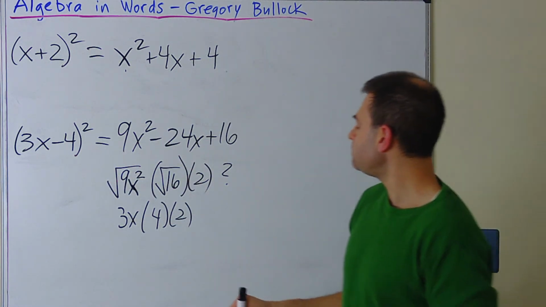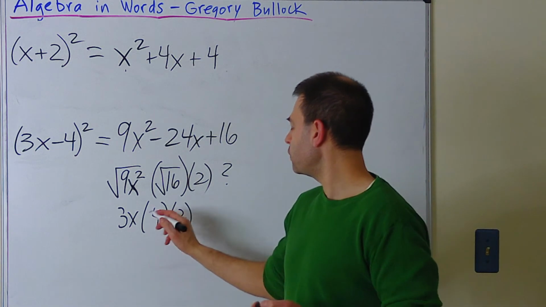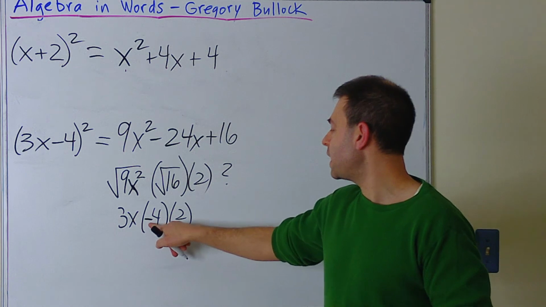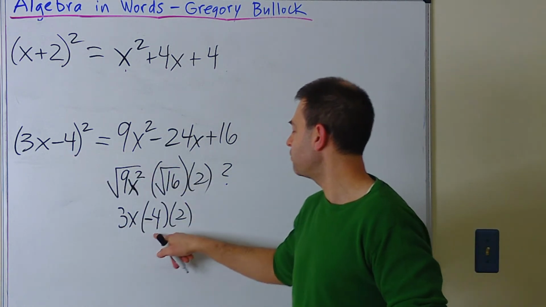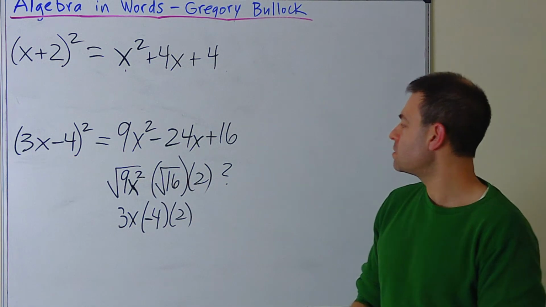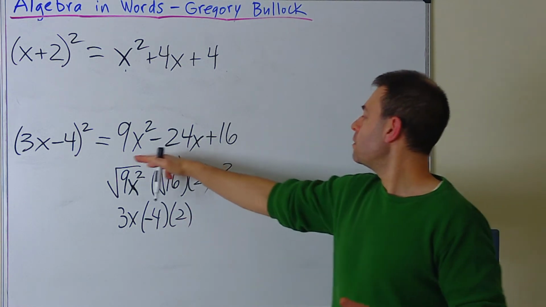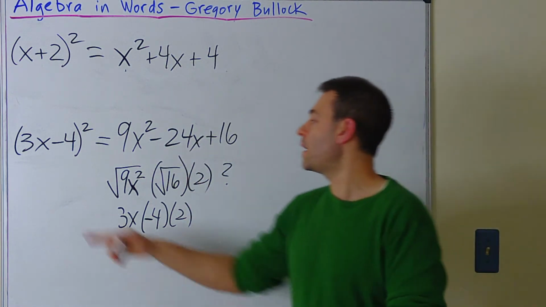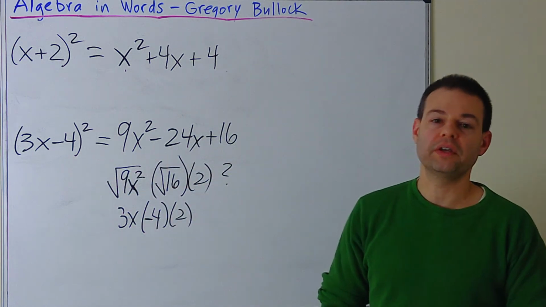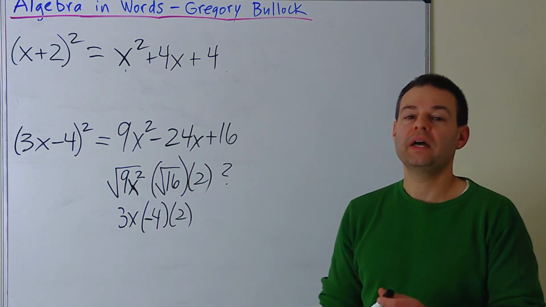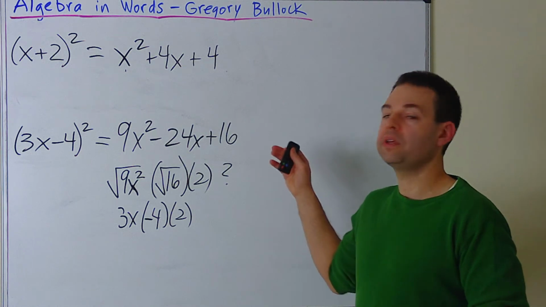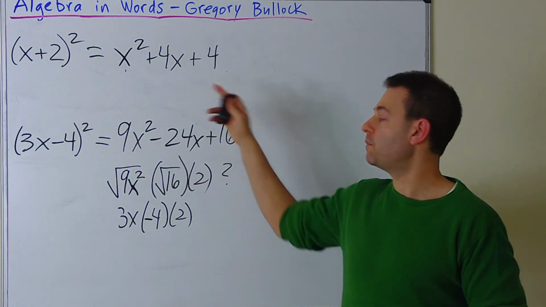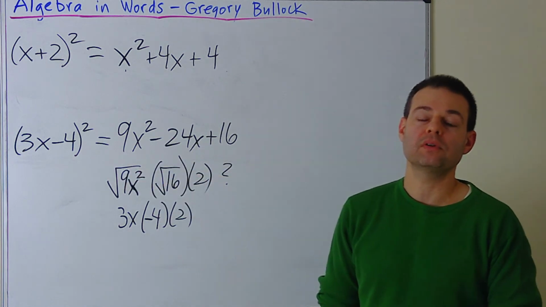And also, if we really wanted to be specific, we should have and could have put the negative in with this 4 because it came from here. Alright, so in short, this is a perfect square trinomial, and that makes sense because a binomial squared will always result in a perfect square trinomial. Again, this will matter when we factor in the reverse, taking the perfect square trinomial and factoring it back into a binomial squared.